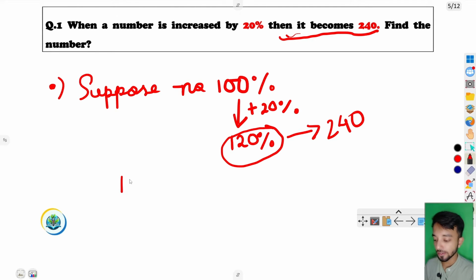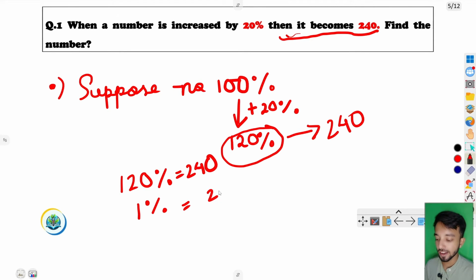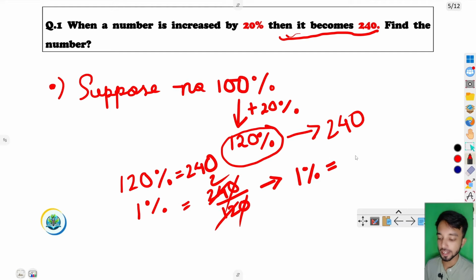You got the value of 120% to be 240, so easily you can find the value of 1%. 240 divided by 120, zero cancel, 12 twos are 24. That means 1% is equal to 2.